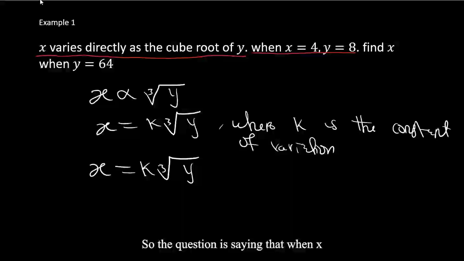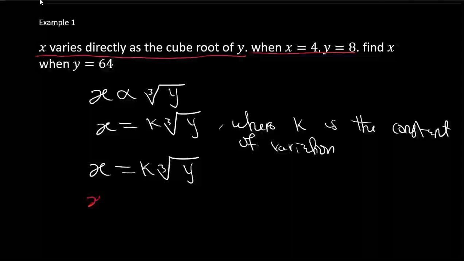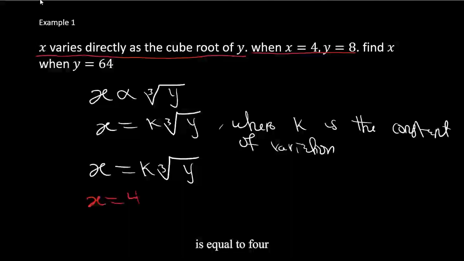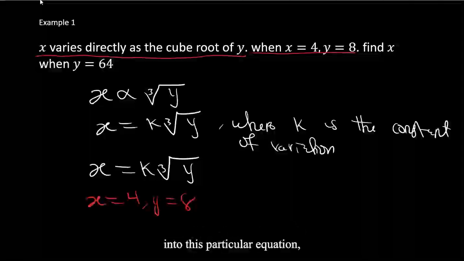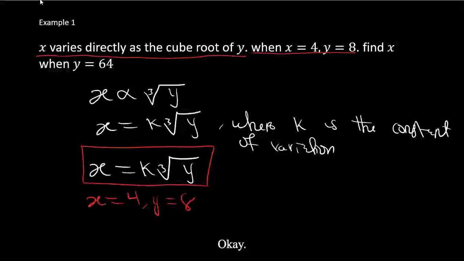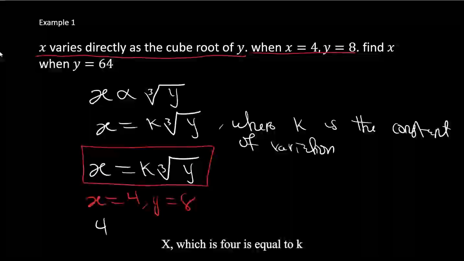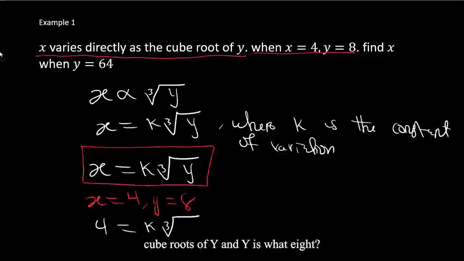So the question says that when X is equal to 4, Y is equal to 8. Substitute these two values into this particular equation. Okay, so we are going to have X, which is 4, is equal to K cube root of Y, and Y is what? 8.